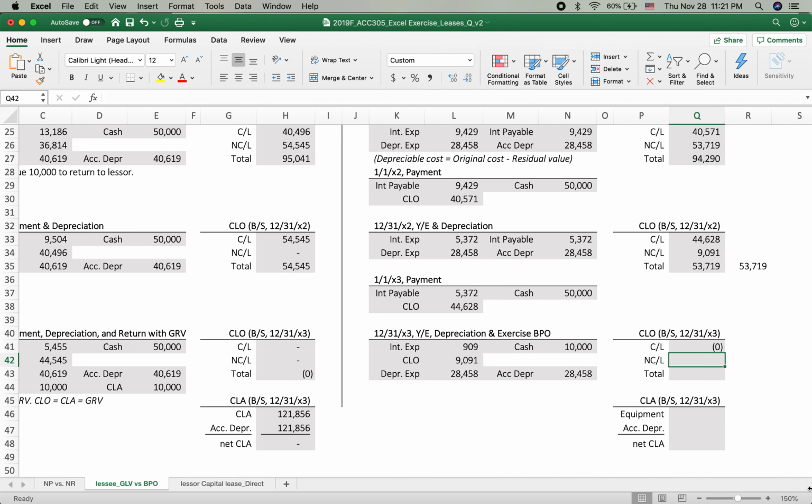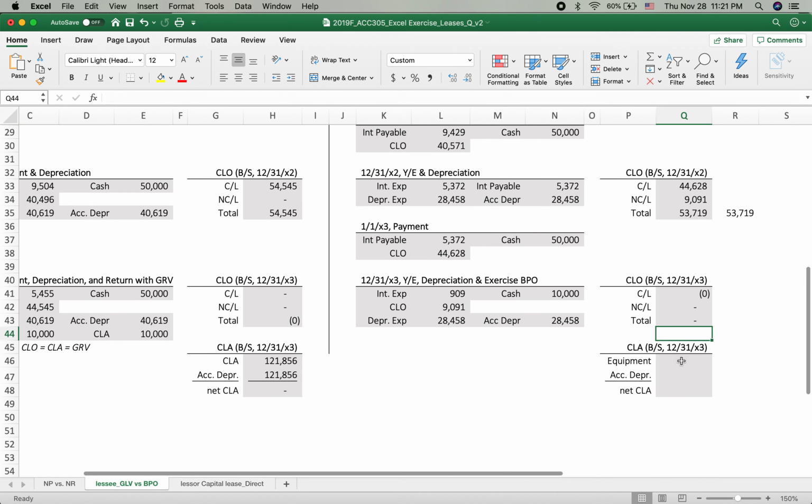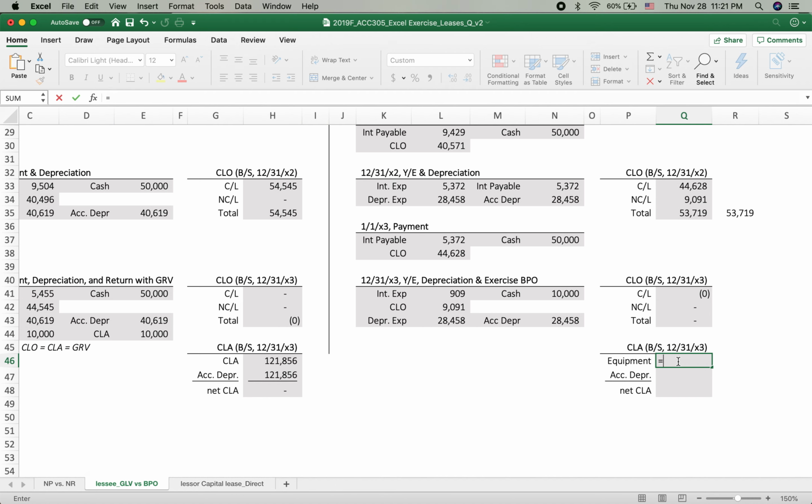We don't have any non-current liability for capital lease obligation, and then the total amount is also 0, right? And then finally, the capital lease asset amount. Actually, the capital lease asset is the same as the equipment, because that equipment is now not the capital lease asset, but the equipment on their balance sheet with their own title, right?